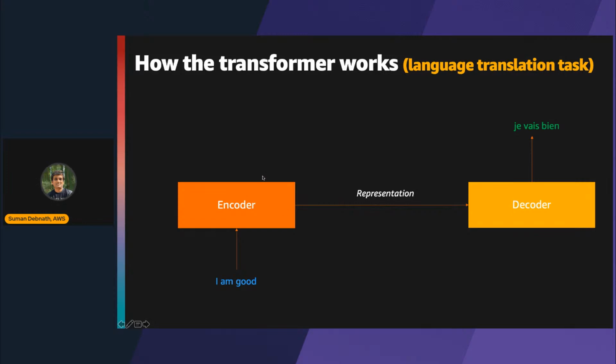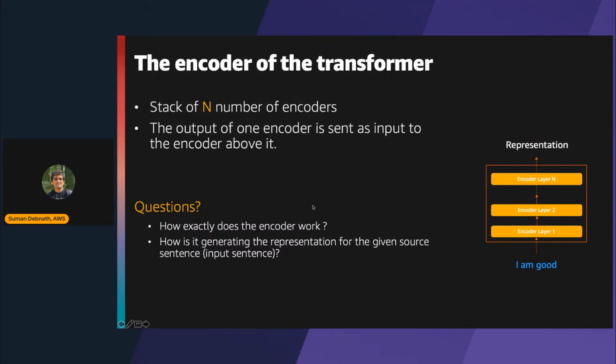So now let's go deep and see what is inside this encoder. I have just shown a block diagram of this. The way the transformer works is it has multiple encoder layers: encoder layer 1, encoder layer 2, encoder layer 3, and so on and so forth.